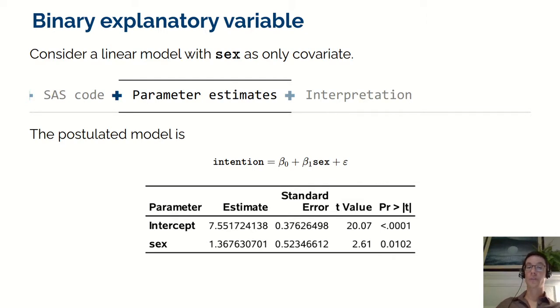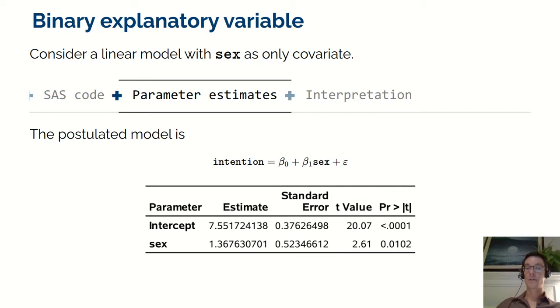So how do you interpret this? As usual, when sex equals 0, that's men, you only have beta naught, so that's going to be the average of the baseline. So the average intention score of men in the sample is 7.55 points.